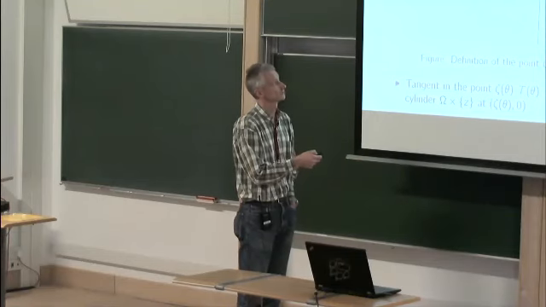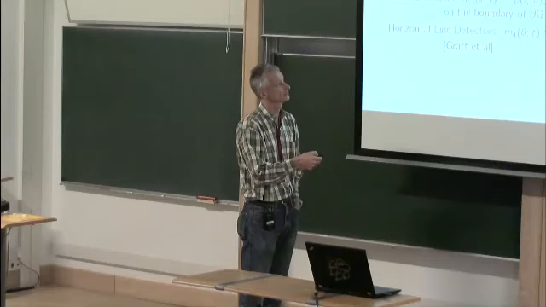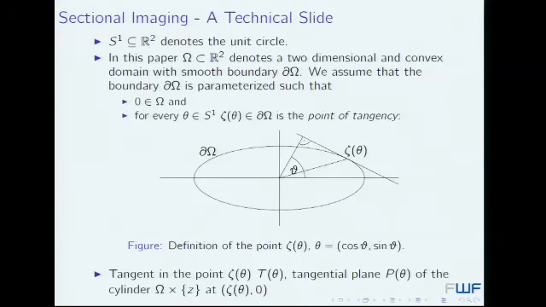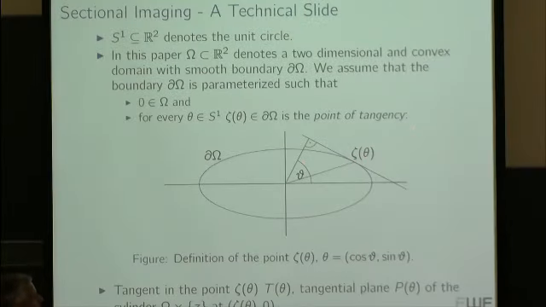So I take this theta, and the parallel vector is the normal vector to the tangent then. So with this theta I can reconstruct the tangent point if the domain is strictly convex, and I use this then to derive reconstruction formulas for arbitrary domains.